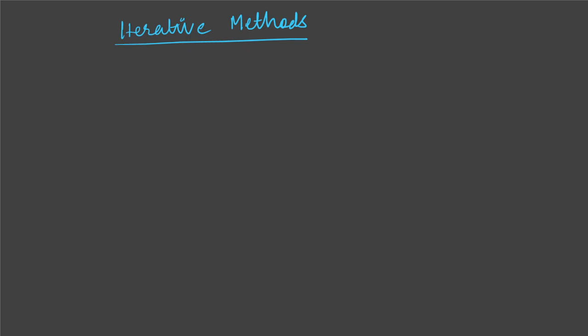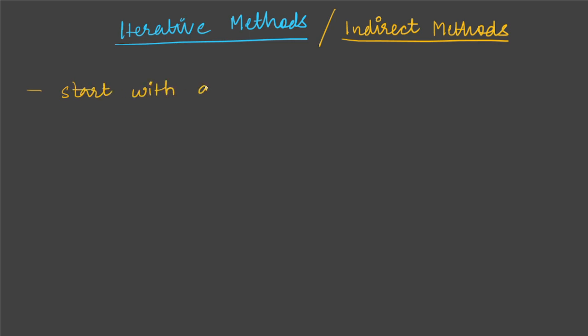But in the case of iterative methods, and we also call them indirect methods, so don't get confused, this is also called indirect methods. What do indirect methods do? They start with a guess of the solution X.